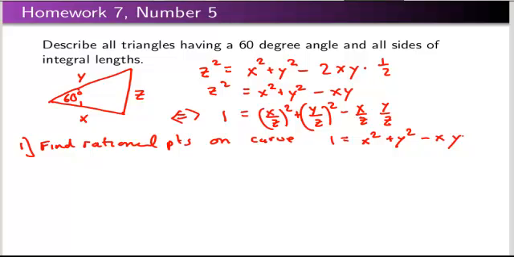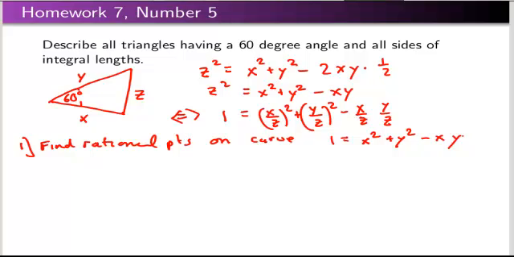So step one, and then after we find those rational points, we'll proceed like we did in the previous problem. Okay, so what are some rational points on this curve right here?